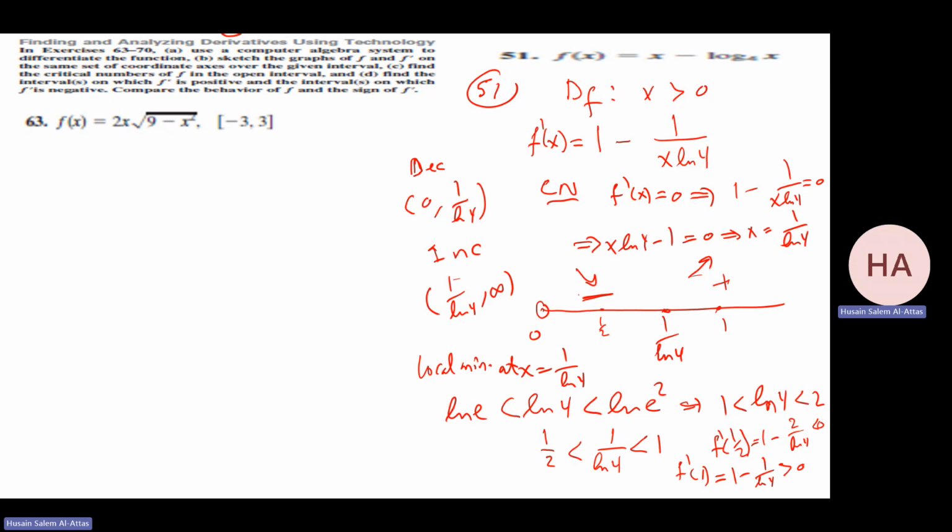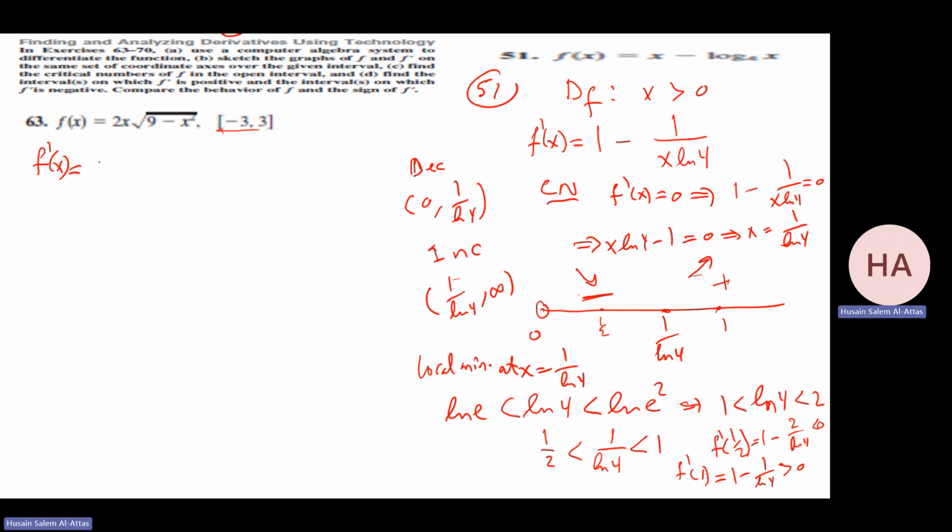Now, let me go to 63. What's the domain? Actually, he gave us the domain, what they want, this one. The function is a little bit complicated, but I think we can do it by the calculation. Okay, let me do f prime. What will be f prime?